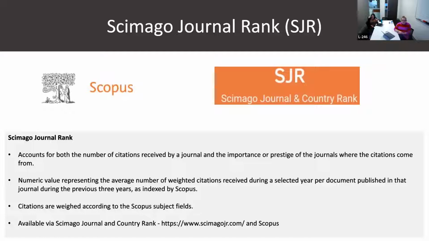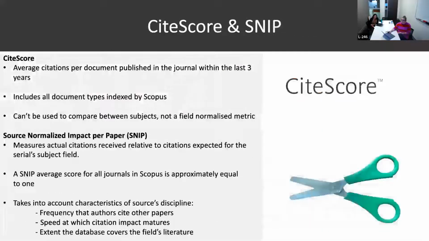So that's how they've worked out the SJR. And they are also weighted according to the Scopus subject fields. And I'll show you shortly, we've got a link on the bottom of the page there to the Scimago Journal Ranking website and Scopus.